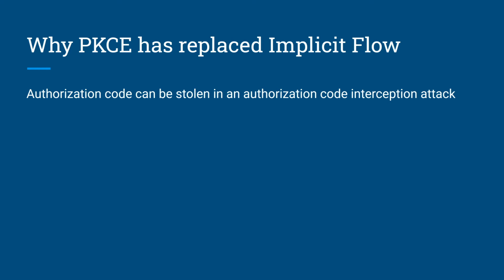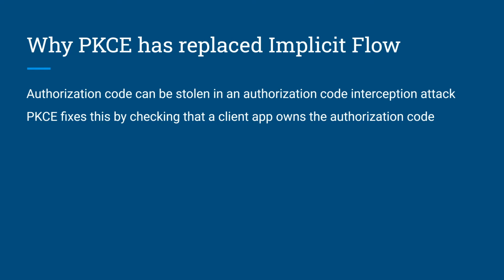Once you have the access token, you have access to the cloud. PKCE fixes this because it adds that code verifier and the code challenge to the client as well as the authorization on the back end.